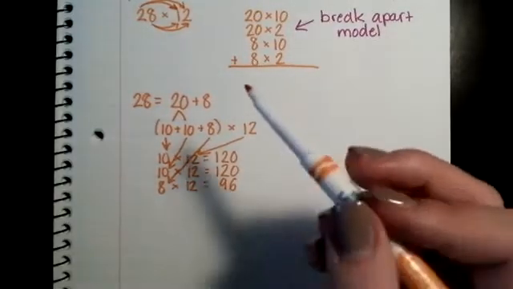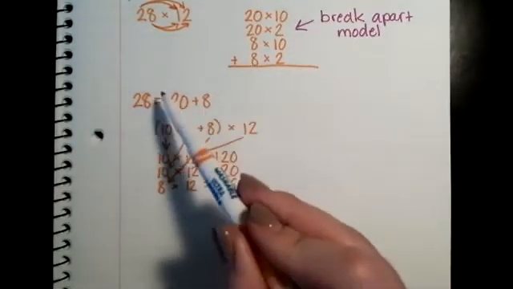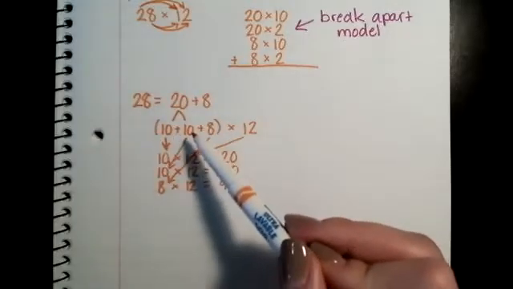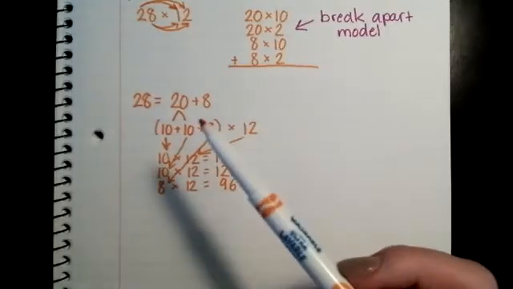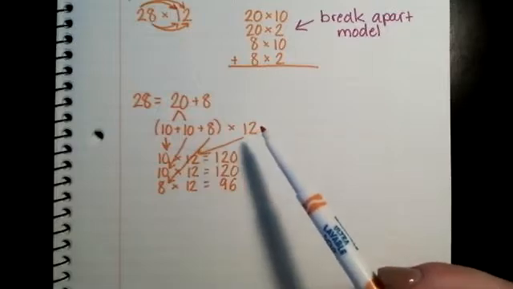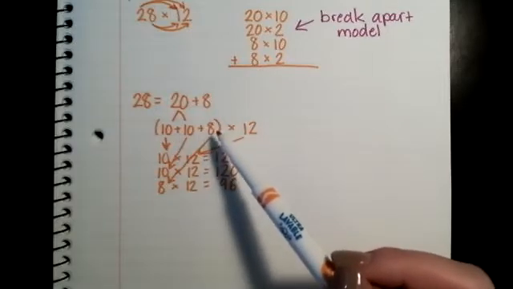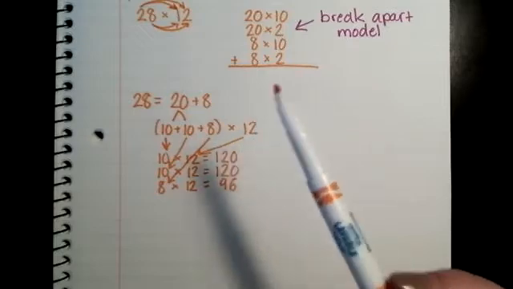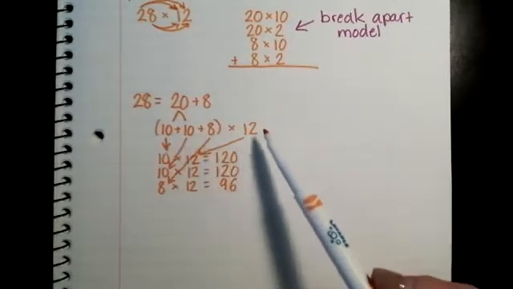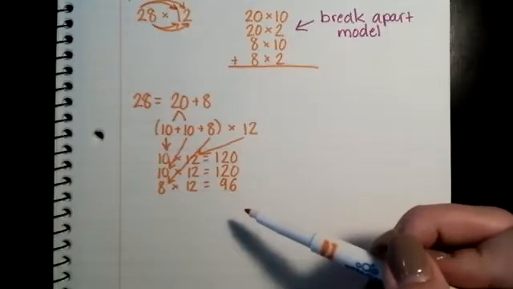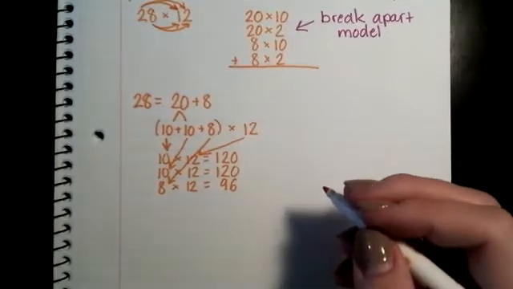Okay, so I took 28 right here, and I broke it apart into 10, 10, and 8. I then multiplied each piece by 12. Instead of breaking it into 20 plus 8 times 12, I did 10 plus 10 plus 8 times 12. So I did each piece times 12, and I got my answers here, okay? And then I'm going to add them up.